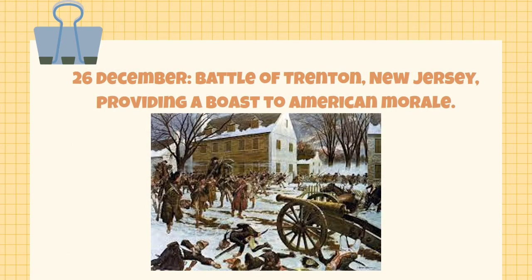In December 26, Battle of Trenton, New Jersey, providing a boost to American morale. The Battle of Trenton was a small but pivotal American Revolutionary War battle that took place on the morning of December 26, 1776 in Trenton, New Jersey.